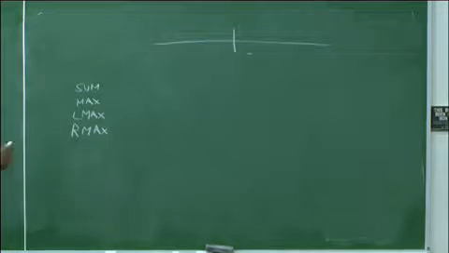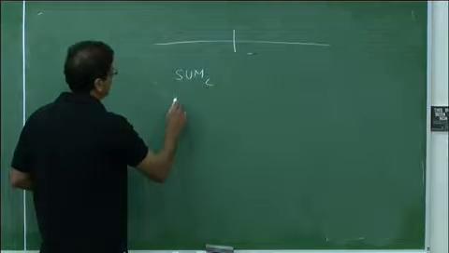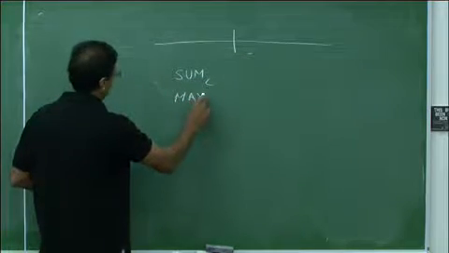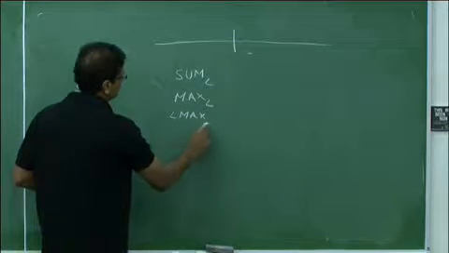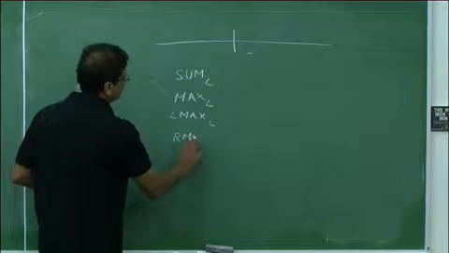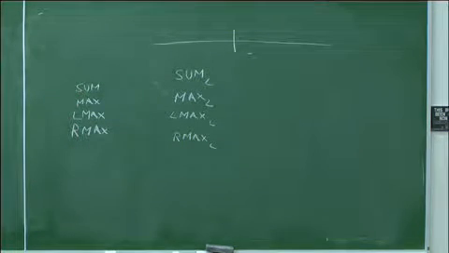So, effectively I will have sum of L, max of L, L max of L, R max of L, for the left sequence, and I have the same quantities for the right sequence.